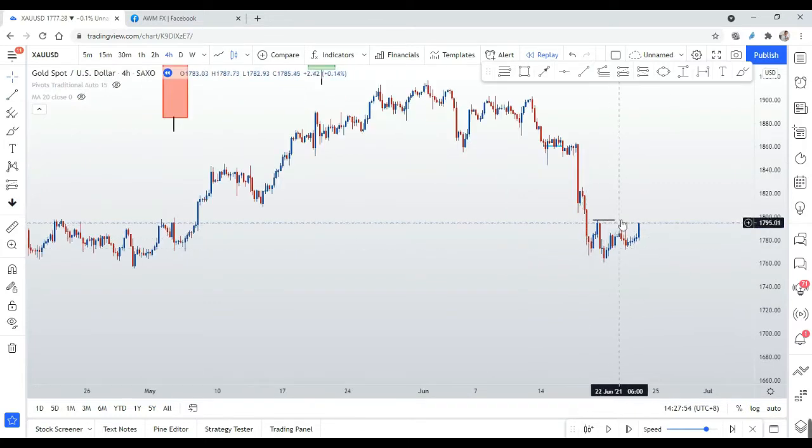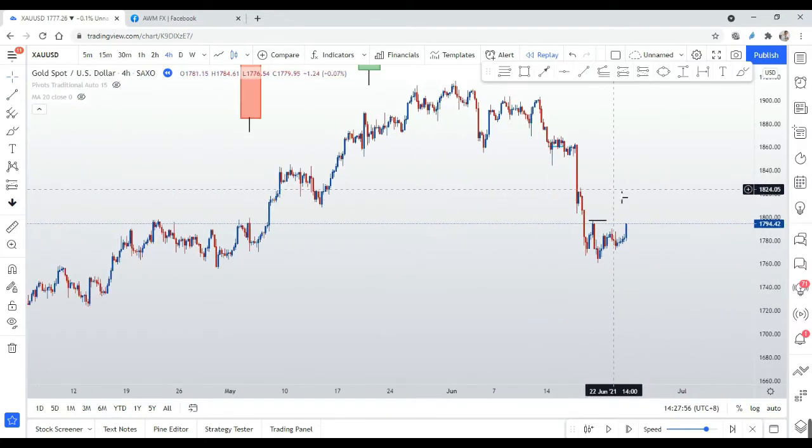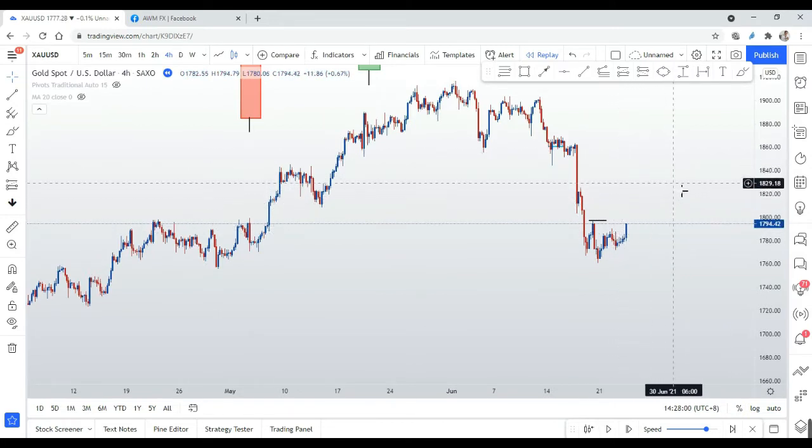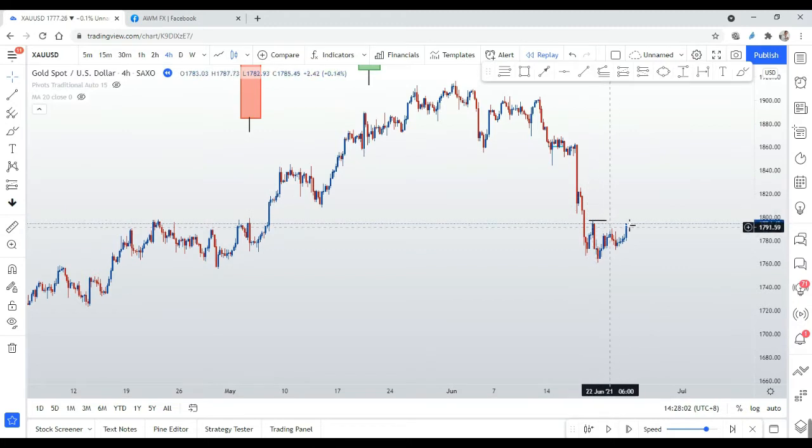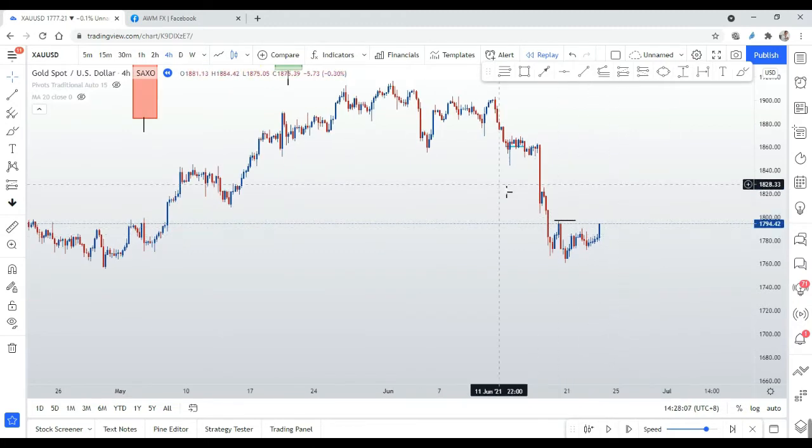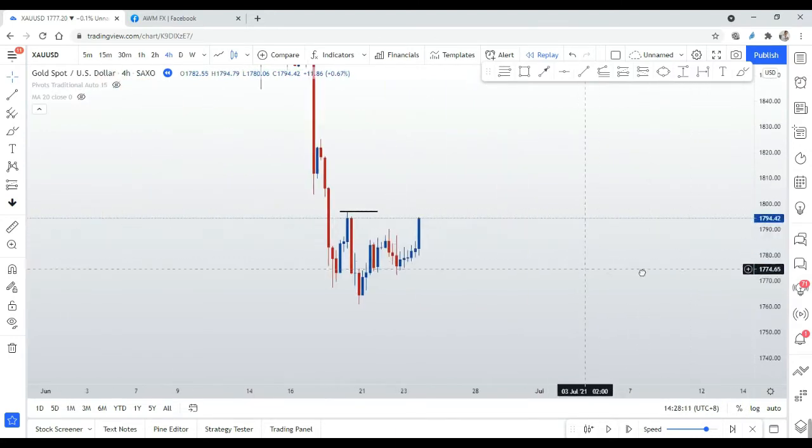Any price that breaks this high might change the trend to an uptrend. So this high is very important. That's why we need to take note of this kind of important higher high or lower low, whatever it is. Significantly very important.